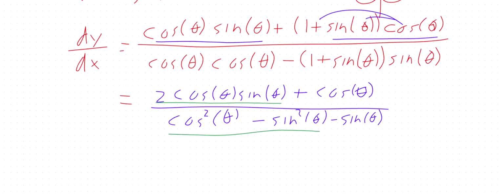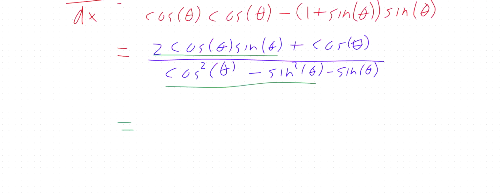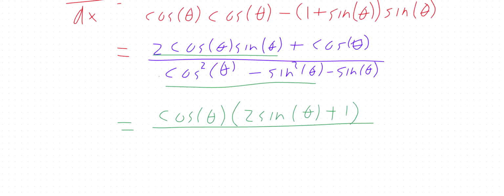On top, we could also factor out a cosine. And then on the bottom, our cosine squared is 1 minus sine squared.